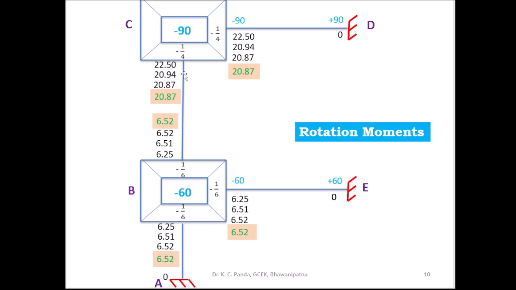When we are considering joint B, this moment you have to take as a far end rotation moment, so you take 22.50, that is M dash CB. As the ends A and E are fixed, the rotation moments there are 0. So find the near end rotation moments M dash BA, M dash BE and M dash BC and put them here.